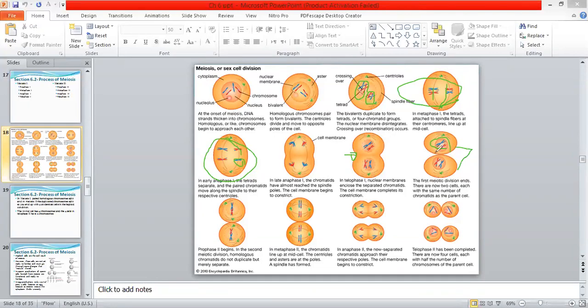Then the two new cells resulting from telophase 1 enter the second stage of meiosis, which is meiosis 2. Meiosis 2 is similar to mitosis.